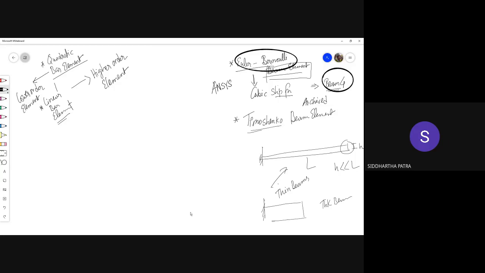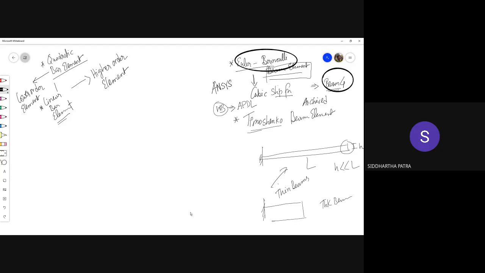Some of you must be familiar with the Workbench version of ANSYS, but there is a more classic version of ANSYS. By today's standards, even the Workbench version is quite old, but there is an even older version, which is the APDL version.